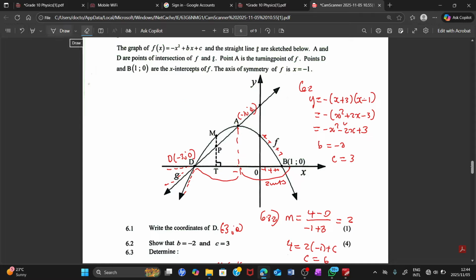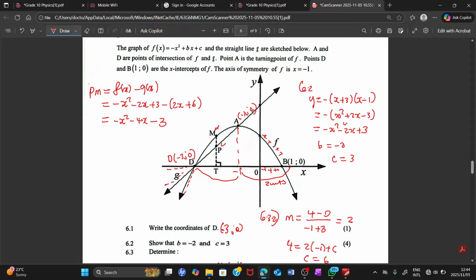So for this last question, you are going to say PM is equal to the top graph, f of x minus g of x. What is f of x? It's negative x squared minus 2x plus 3 minus (2x plus 6). This is the portion M and P. You subtract the two graphs, don't forget. So it will be minus x squared minus 4x minus 3.